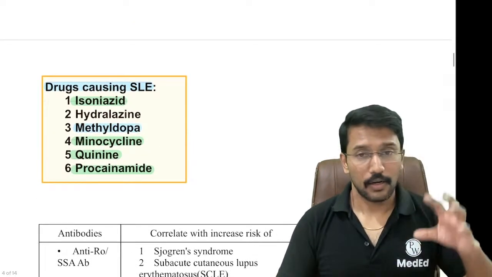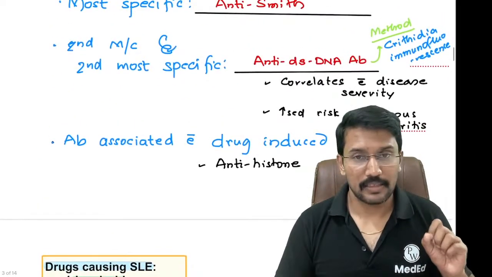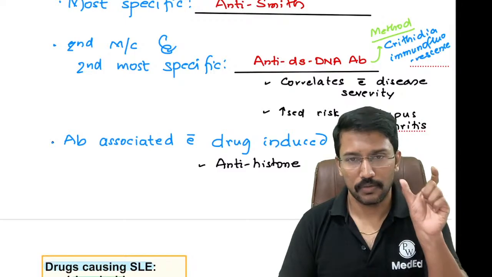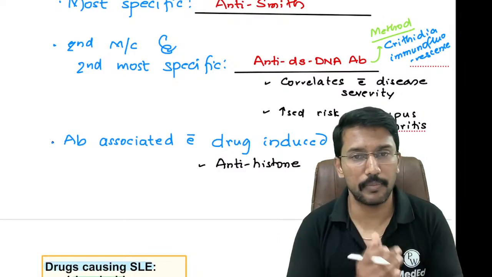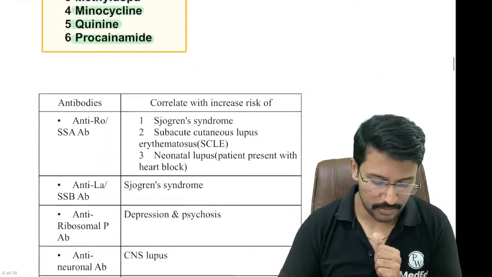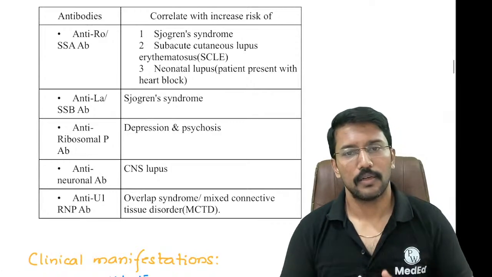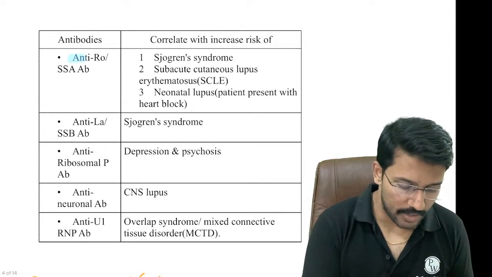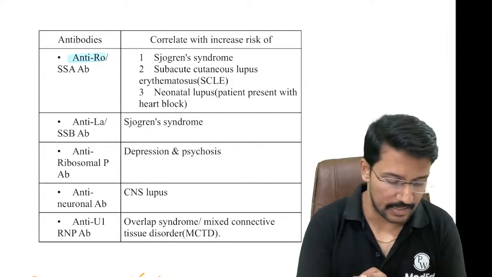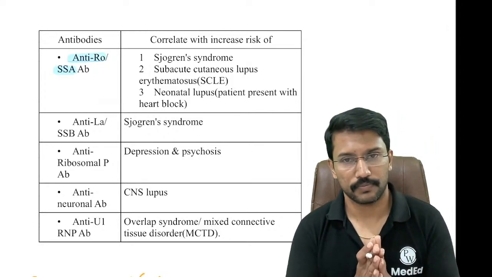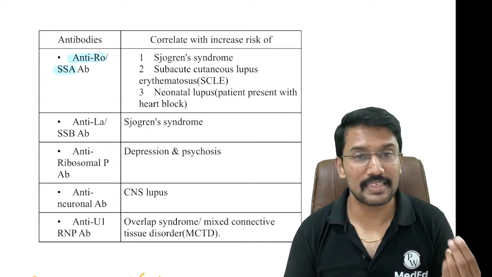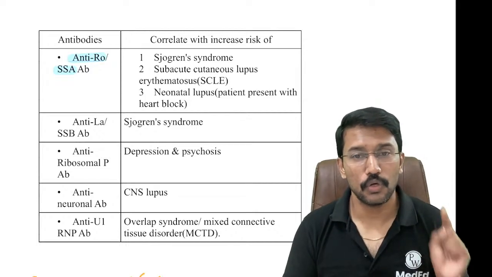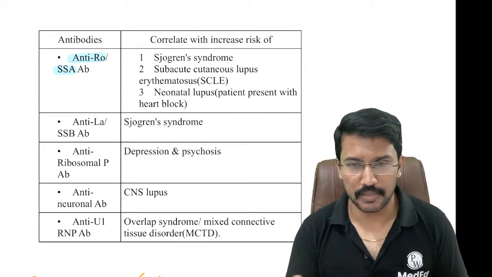Okay. Now within these antibodies and SLE, another important MCQ is which antibody correlates with which clinical manifestation of SLE. So I have summarized it in a small table. Patients with SLE often have this antibody called anti-Ro antibody, which is also called anti-SSA antibody. Now you may be thinking, what is this SS? SS refers to Sjögren syndrome, which we will be discussing later.